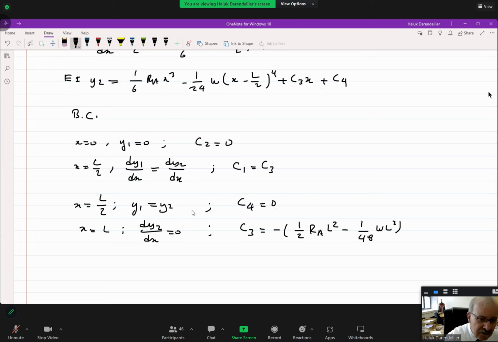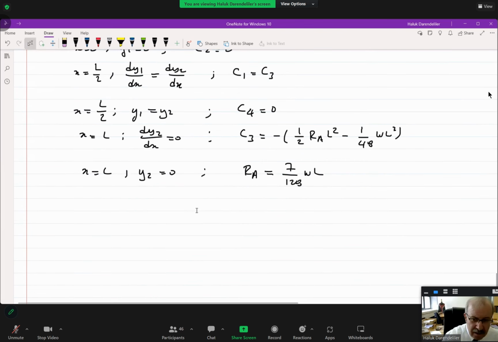Now, what is left? Again, at the same point, the displacement is 0 because it is firmly fixed. So when x is equal to L, y2 is equal to 0. And if you evaluate this, you will see that from here, RA comes out as 7/128 WL. Since we know RA, then we can determine C3, which is C1 also.